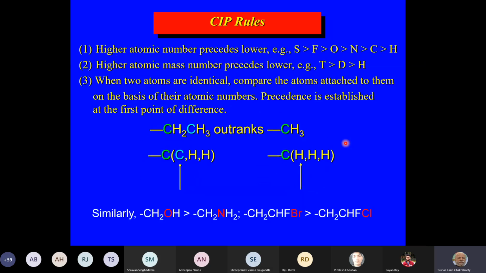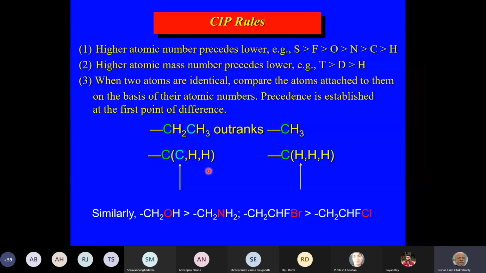I'll go back to this. First, as I said, higher atomic number precedes the lower. So if you have a higher atomic number, it will have a higher priority. Higher mass number within the same element: if isotopes are there, the higher atomic mass number isotope will get priority. And then if you have two or more atoms, if the first atom itself you are able to decide, then you don't go to the second one.